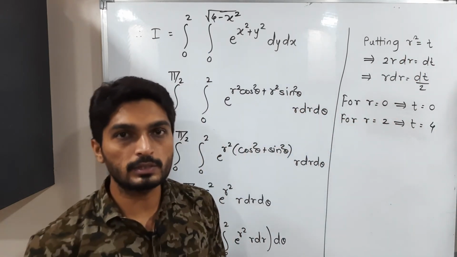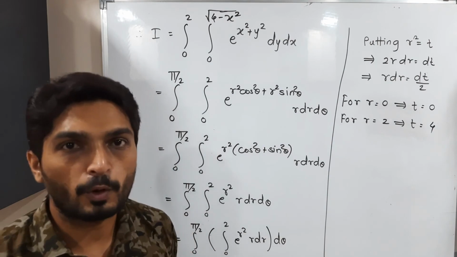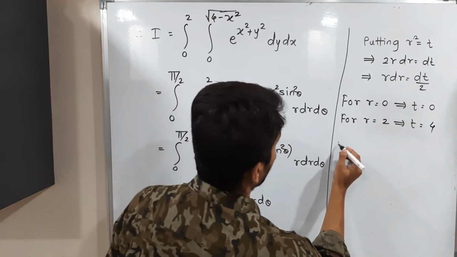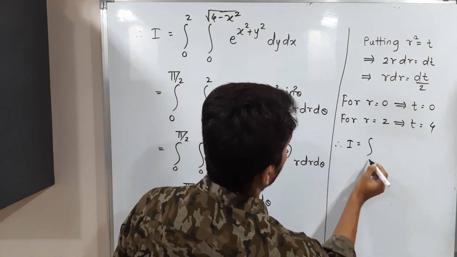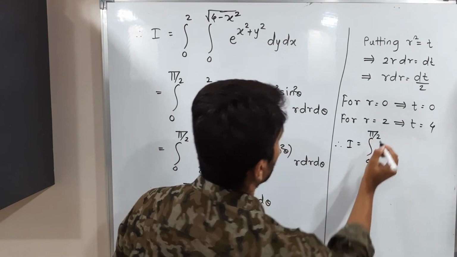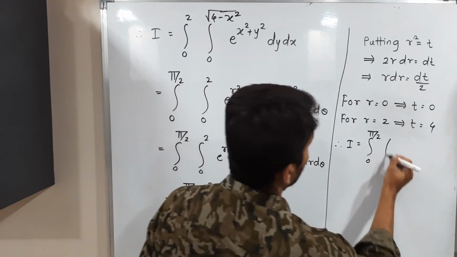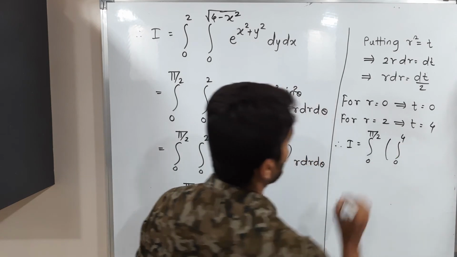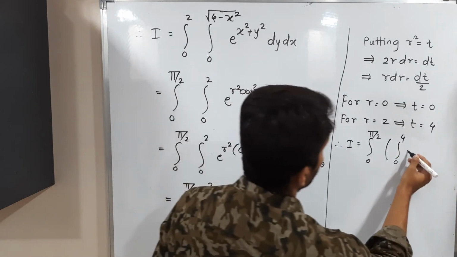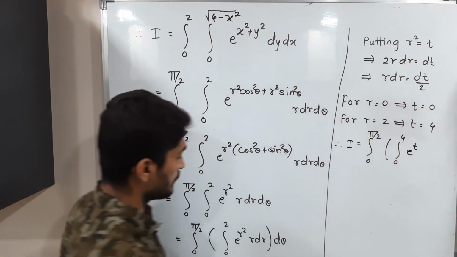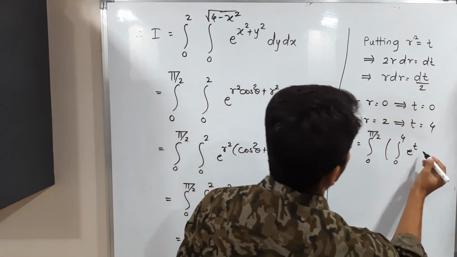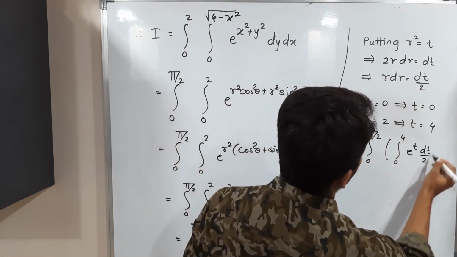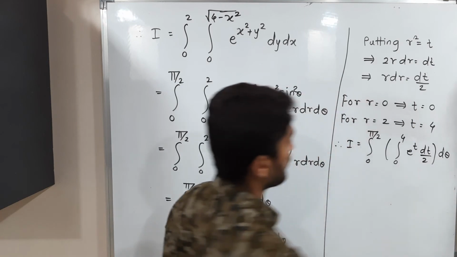So let us put those limits and convert the problem in terms of t. Therefore I is equal to integration 0 to pi by 2, integration 0 to 4 new limits, e raised to t, since r square is equal to t, and r dr we have to replace by dt by 2, d theta, right?